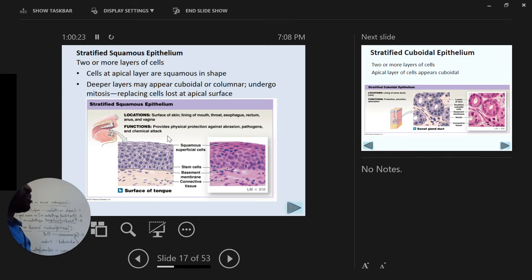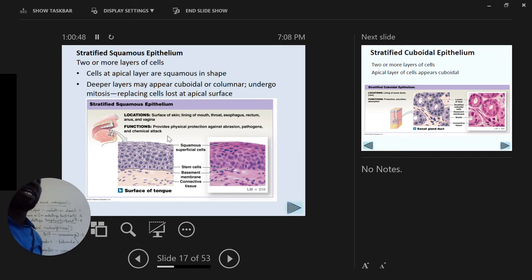So what determines the name of all the stratified cells are the cells on the top, the apical layer. Apical layer is the apex, the part that is closer to the lumen. Do you remember my diagram?